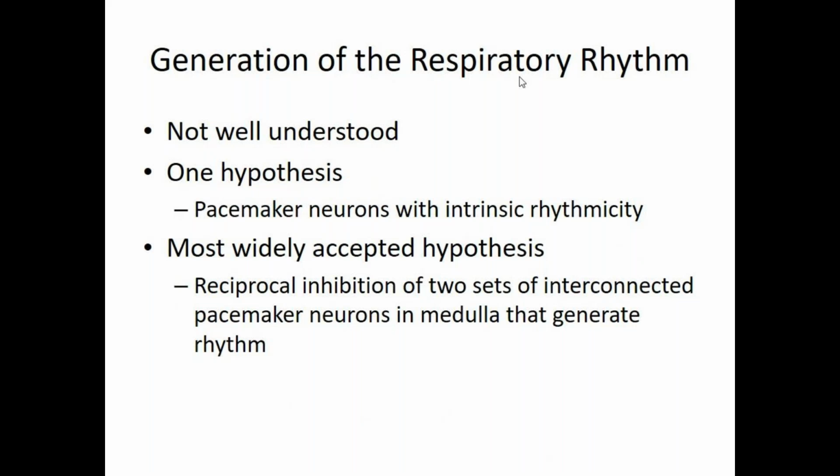And that's pretty typical of how most central pattern generator type structures work within the brain. This is almost certainly a CPG. Sometimes they're multi-neuron, usually they're pairs of neurons like this one, but that's almost certainly what ends up happening. And this is in the medulla.